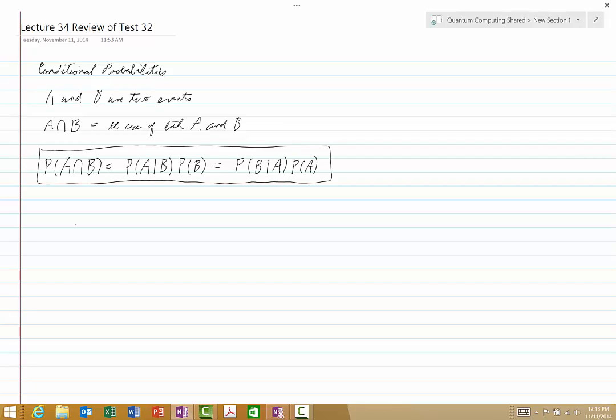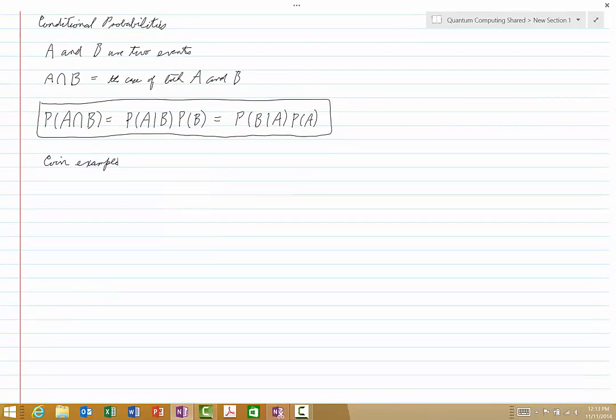Now, suppose that we had, returning to the coin example, case one. Case one will be two unattached fair coins.